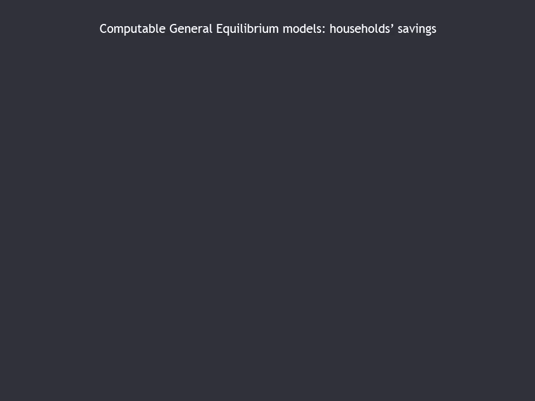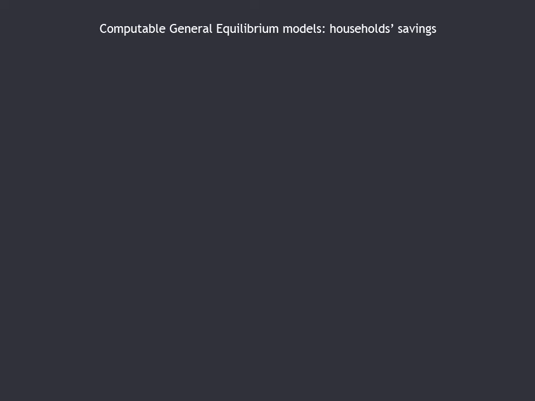It looks simple to introduce household savings, because what we saw until now is just an income, then disposable income because of income taxation, then allocation of disposable income between saving and final consumption.